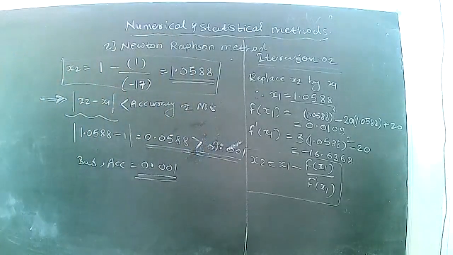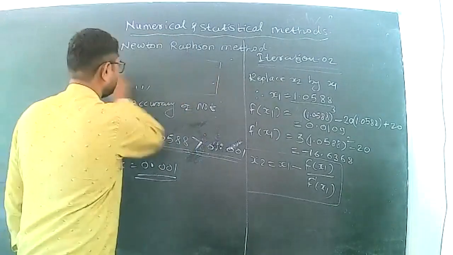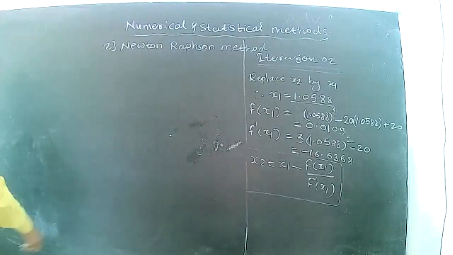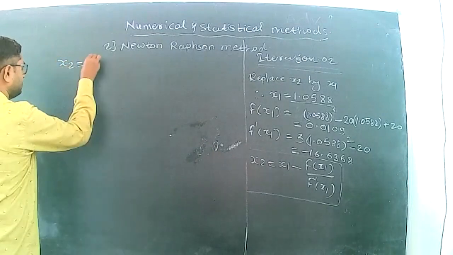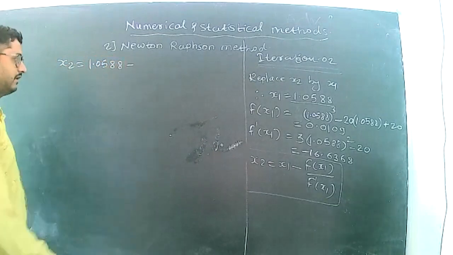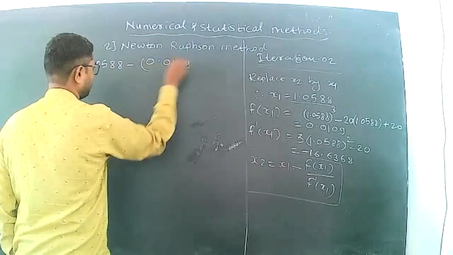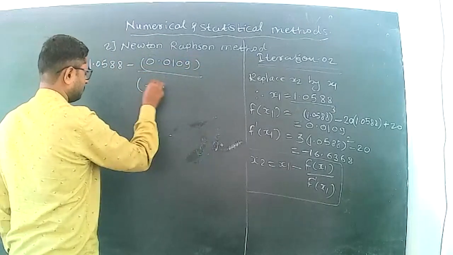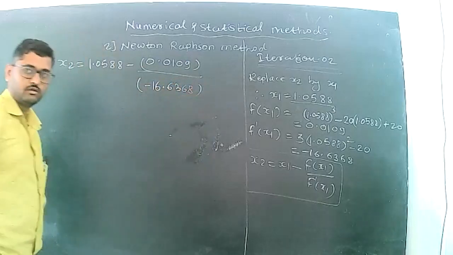So x2 is equal to 1.0588 minus 0.0109 divided by minus 16.6368.